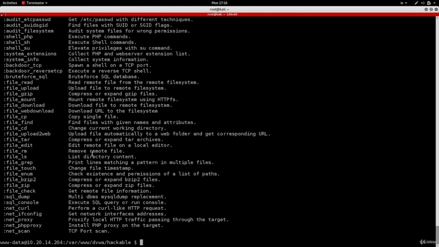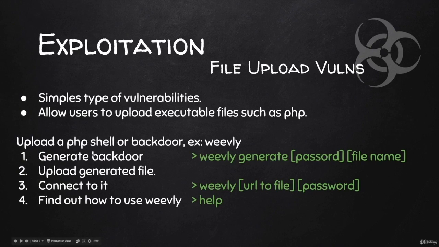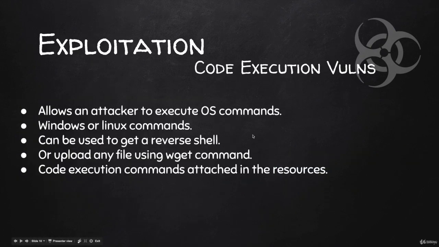For now, I'm going to leave it at this. And this just shows you how to use file upload vulnerabilities. Code execution vulnerabilities, these type of vulnerabilities allow us to execute operating system code on the target server. So if the target server uses Windows, we'll be able to execute Windows commands. If it uses Linux, then we'll be able to use Linux commands.